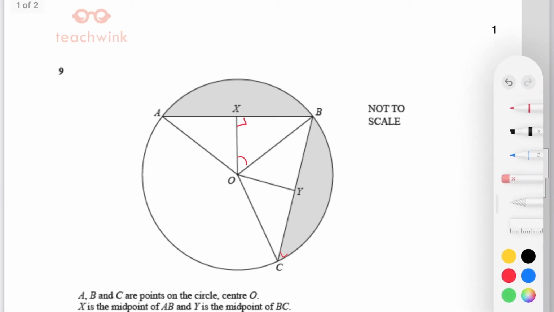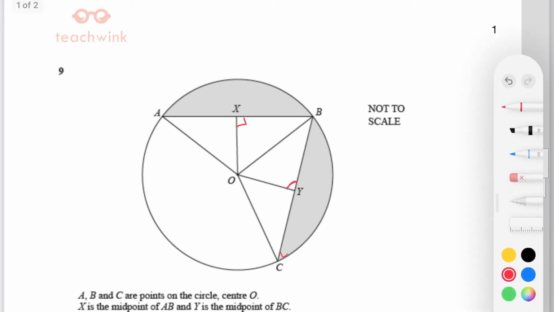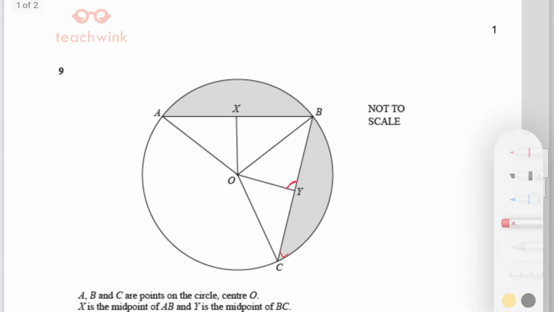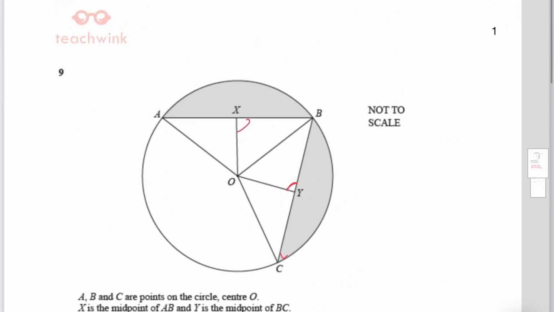If this is 90 and this is the shortest distance, this angle over here is going to be the same as well. Maybe it's not 90, maybe it's something else, but the angles over here are going to be the same. So what we can write is that angle BXO is equal to angle BYO. They are the same angles. So we're done with part 1.